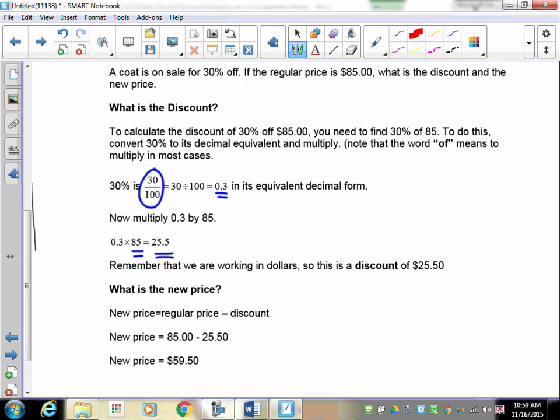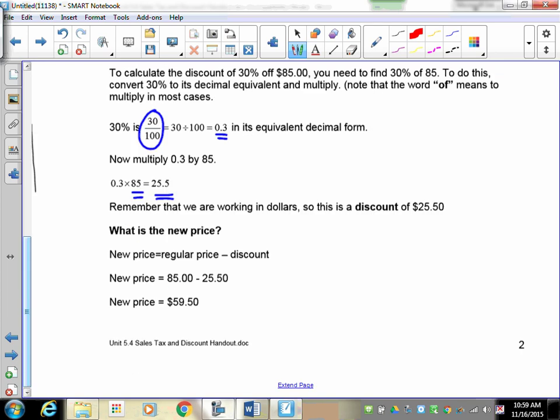So now I need to know what the price I'm going to pay is. Well, it was $85, and if I'm going to save $25.50, you have to subtract it, which means that the new price that I'm going to pay is $59.50. So that's what you do. Find out how much you save, subtract it, that's how much you pay.